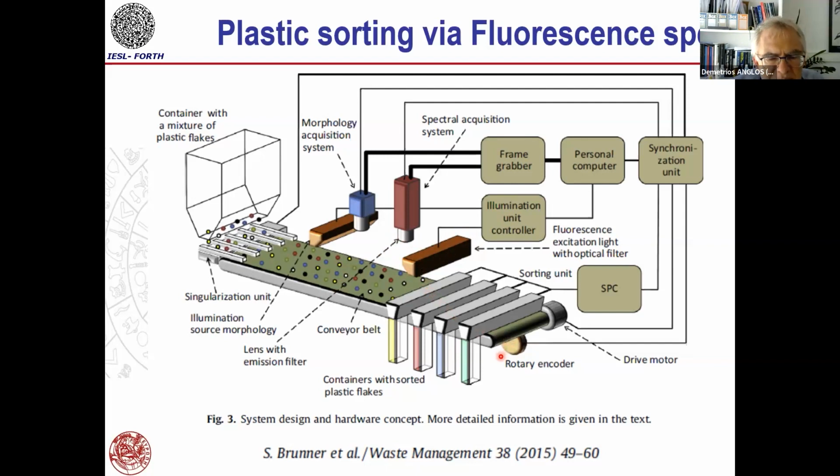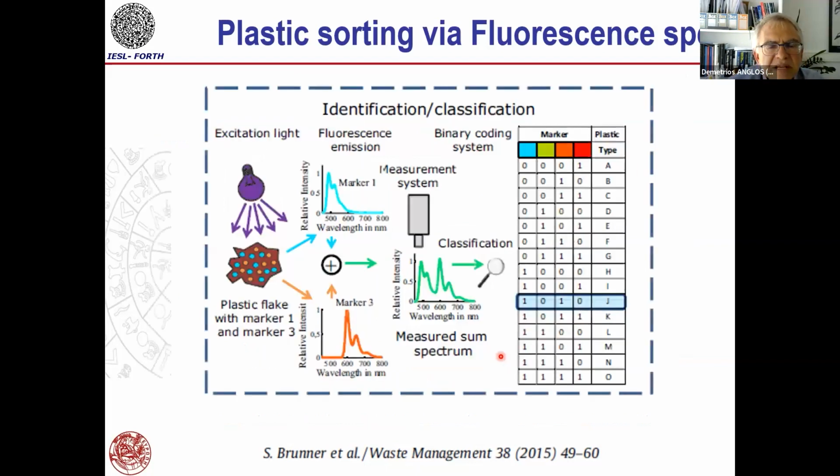Now, to explain this concept a little bit further, I'll take you to this slide where we indicate that we have different fluorescence markers in different plastics, based on, say, 4 different marker fluorophores added, I repeat, added in very low concentrations.